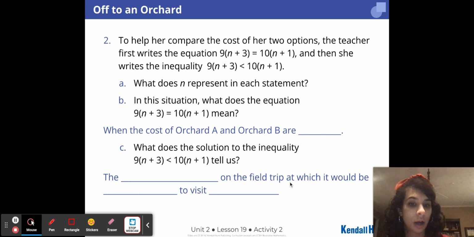On the field trip, at which n would it be blank: cheaper, or more expensive? It depends on how you read that inequality, whether from left to right or right to left. Cheaper or more expensive to visit Orchard A or Orchard B. Try to give me a full sentence on what that solution to the inequality represents.